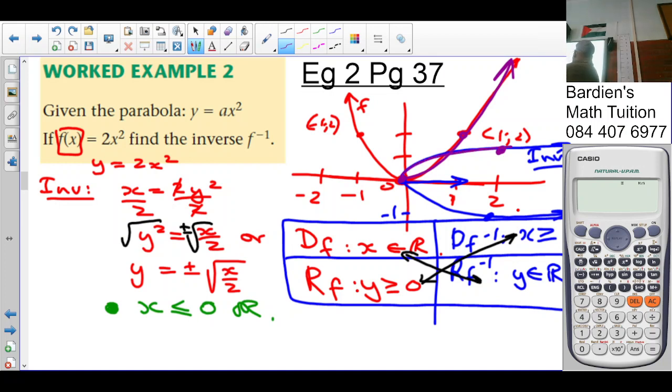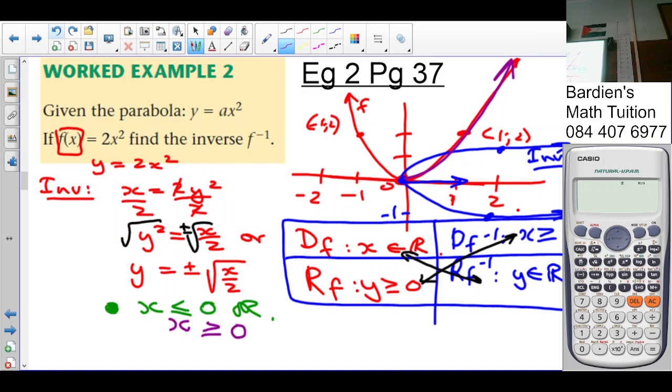That part of the graph became this part here. Is that a function? Yes. So how can that be restricted so that the inverse can be a function? X must be greater than or equal to 0.